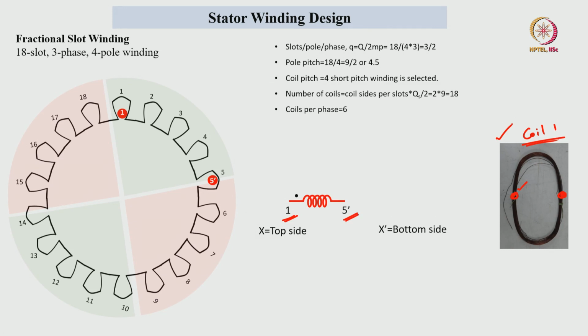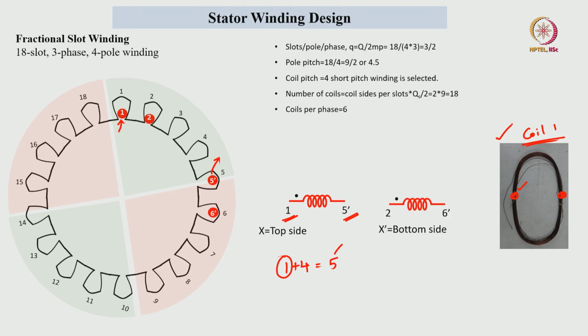Since it is a double layer winding, we have to place one coil side at the top side, and the other coil side at the bottom side. As per the coil pitch, 1 plus 4 is equal to 5. So, one coil side we have to place at slot number 1, and the other coil side at slot number 5.